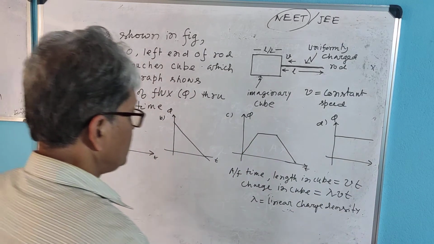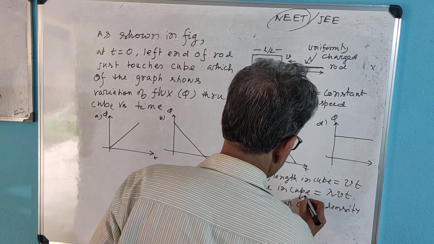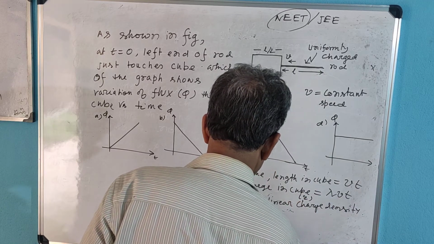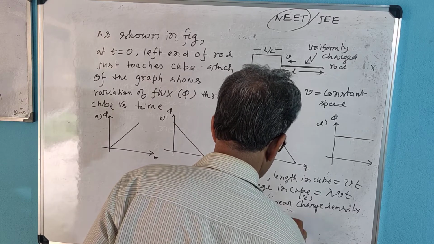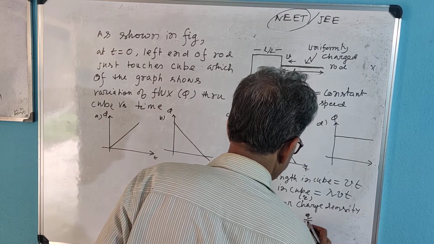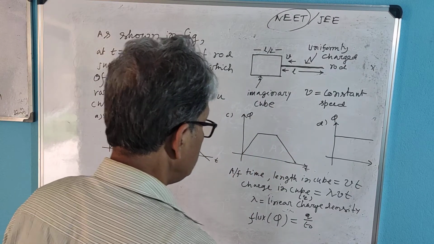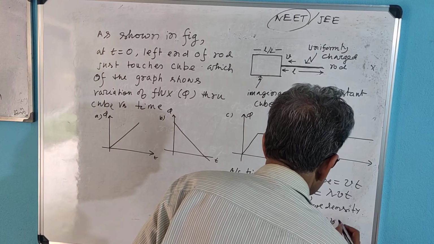So this is the charge in the cube after time t, and so the flux from the cube phi will be q by epsilon 0.